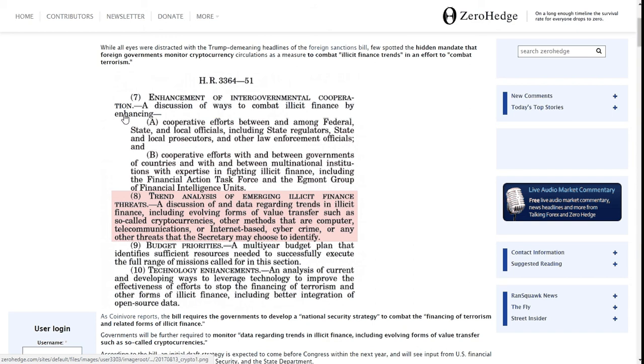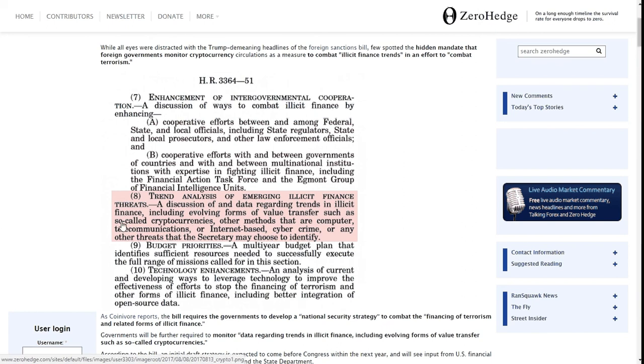And here's one case where a bill is being introduced by the U.S. government, which is aimed at quote-unquote deficit finance, illicit finance trends, and to combat terrorism.